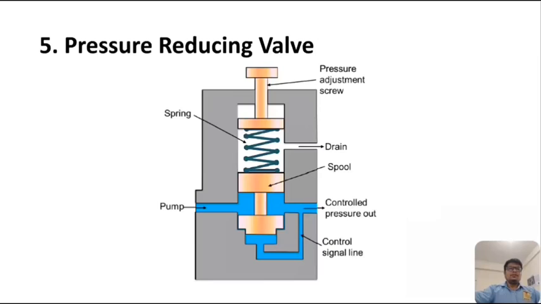It can also be seen from the figure that if the spring force is more, the valve will open wider, and if the controlled pressure has a greater force, the valve will move towards the spring and throttle the flow.